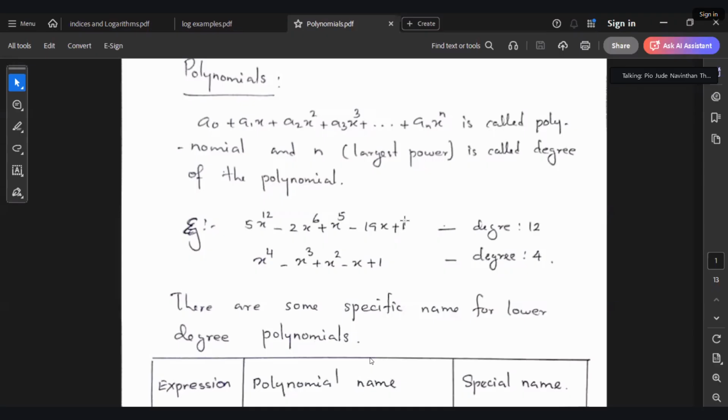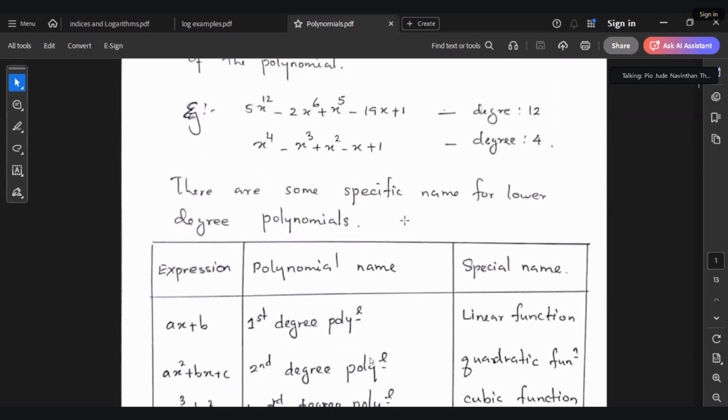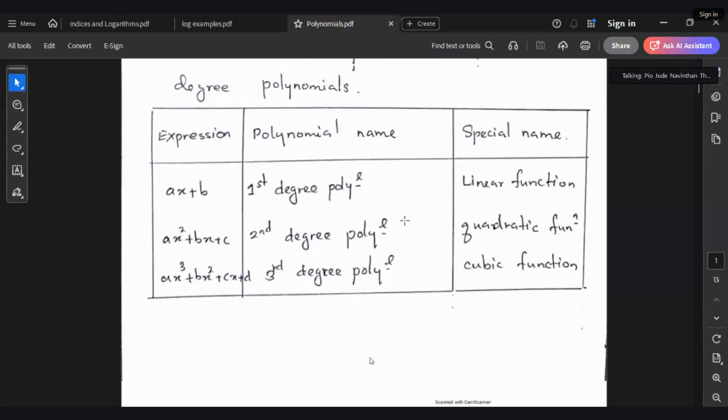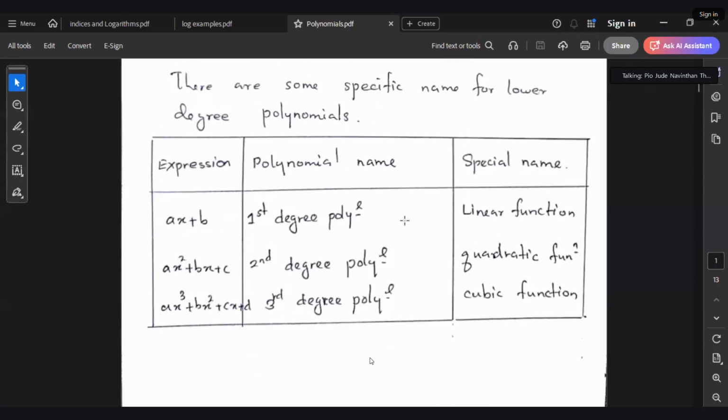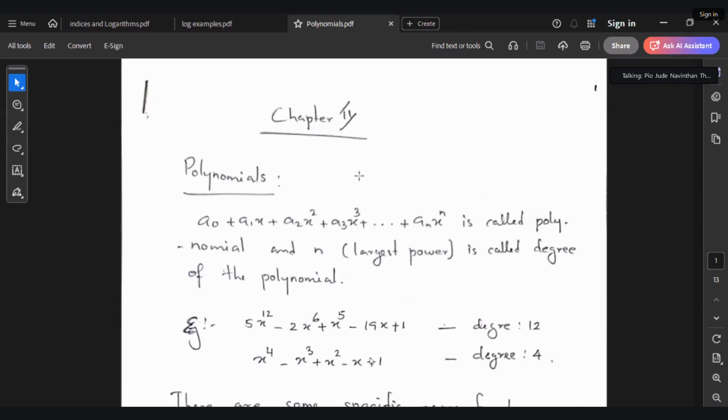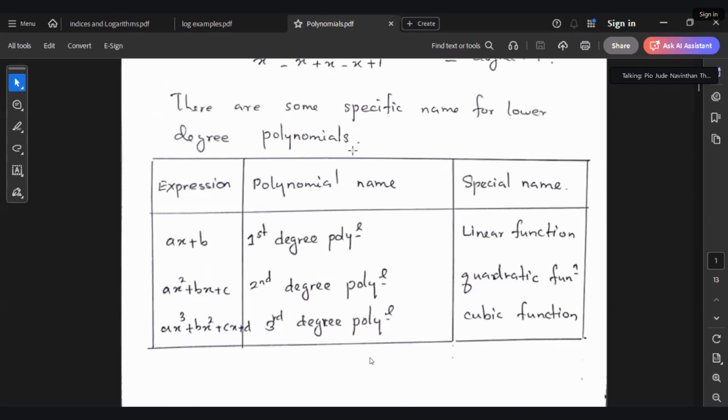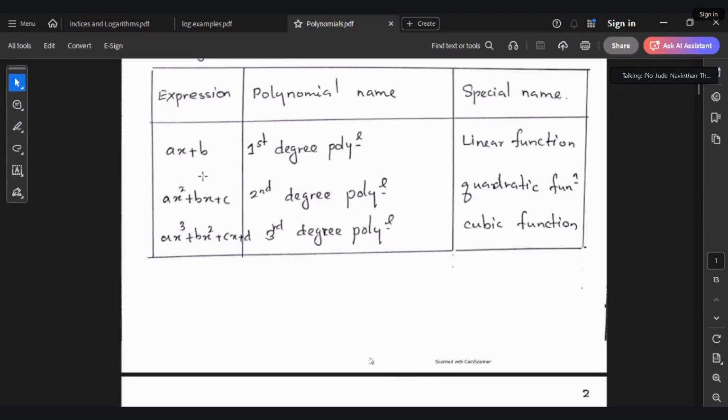So now we are going to our area. There are some specific names, right? So here we consider n elements in a polynomial. If we have only one, one means only one x. Here x^0, that is one.